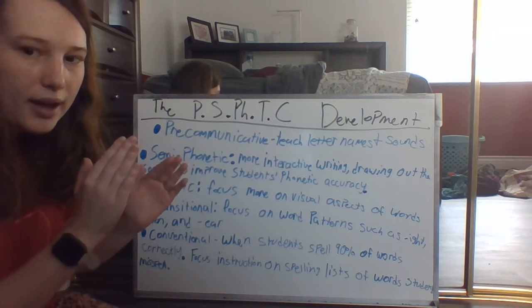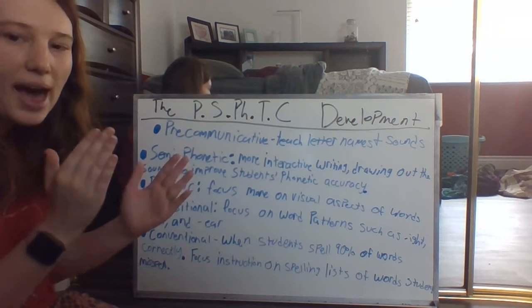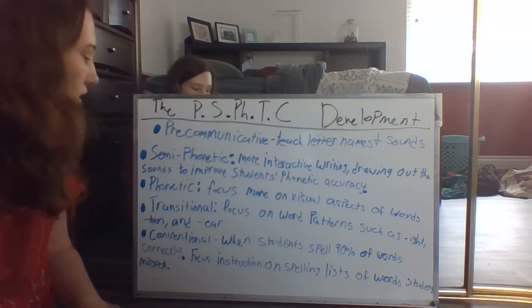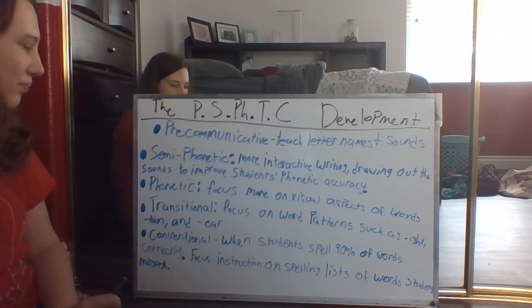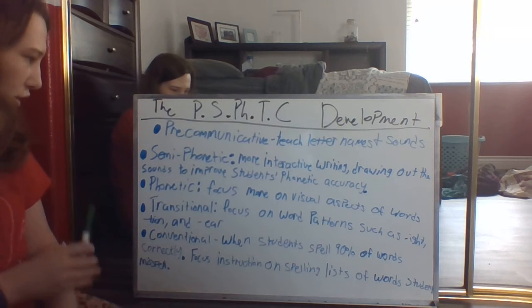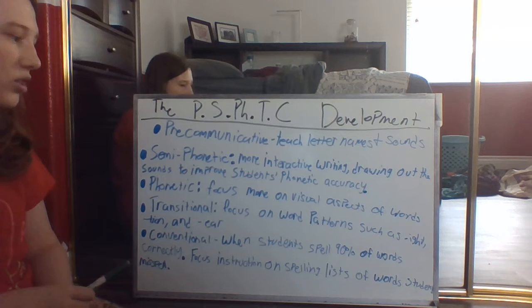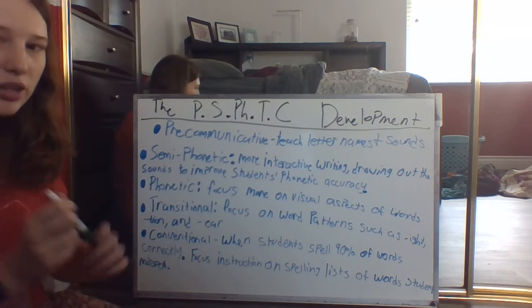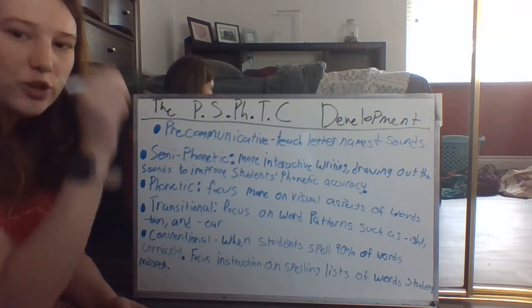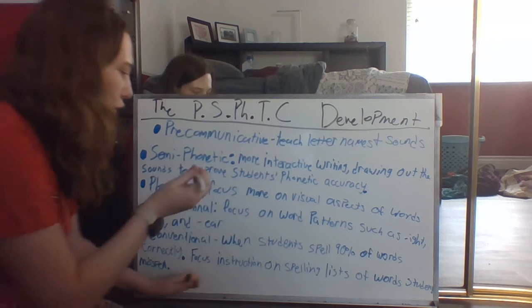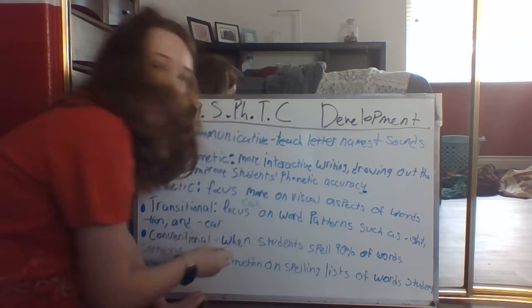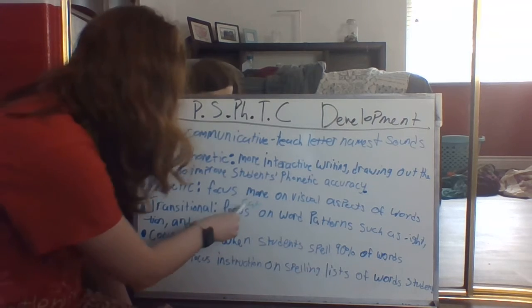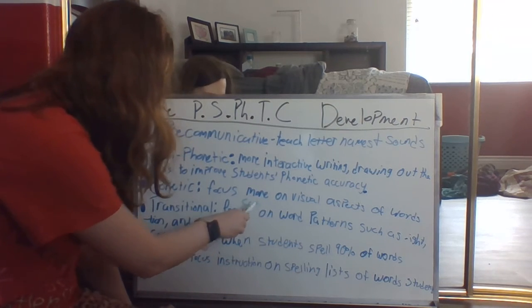So k, a, t, cat. So I think what it is saying is focus more on visual aspects of words. So not only are students visually seeing what the word cat might look like. Sorry, I don't know if you can see that. So cat. So we have the C, the A, and the T.